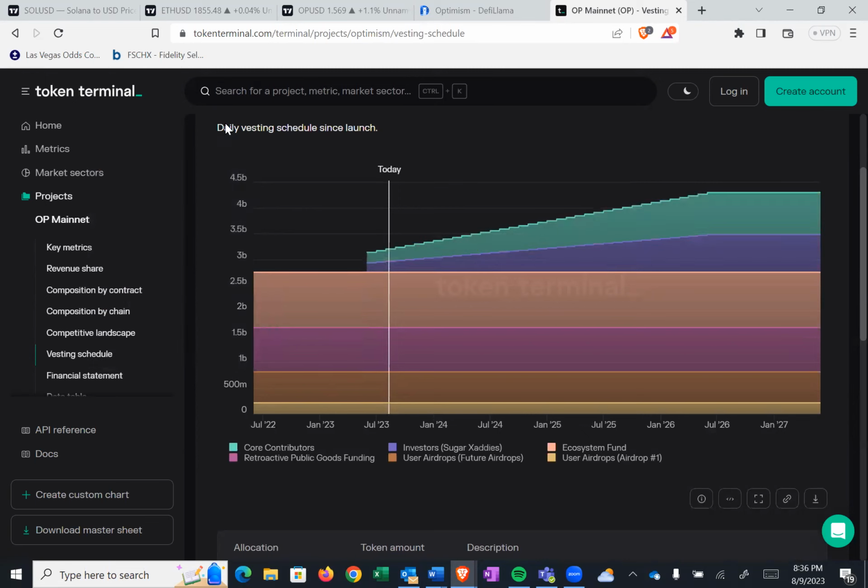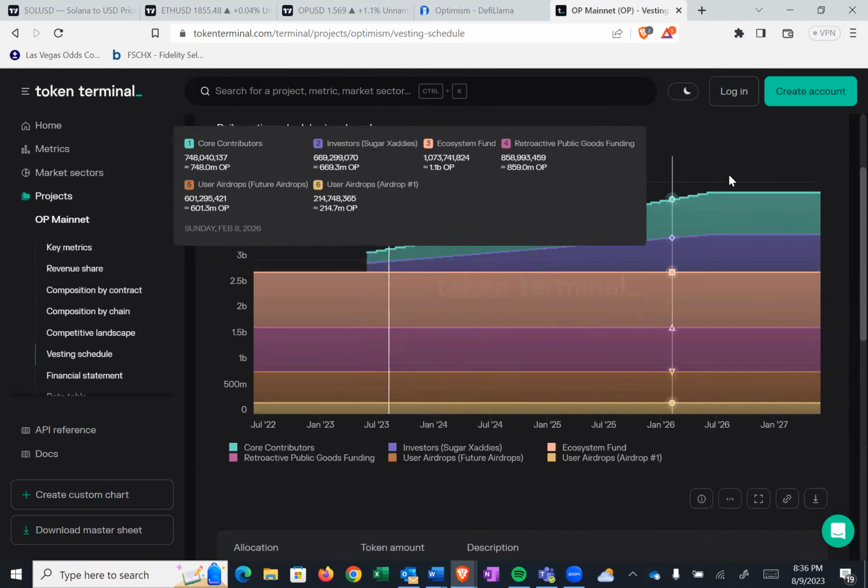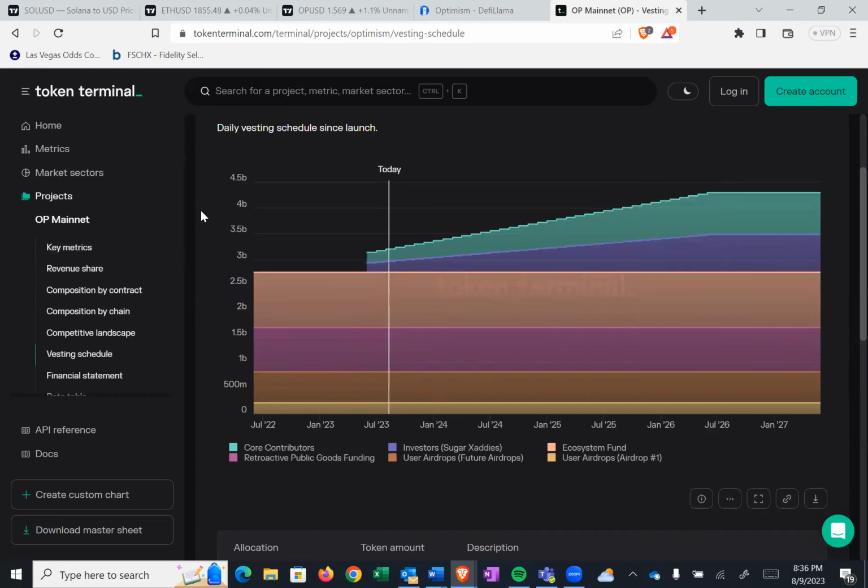But you can play around with it on Token Terminal if you want, but you can see that the unlocks will continue. So just be prepared that you will be dumped on by core contributors, by investors. You'll be dumped on by the whole thing, really.